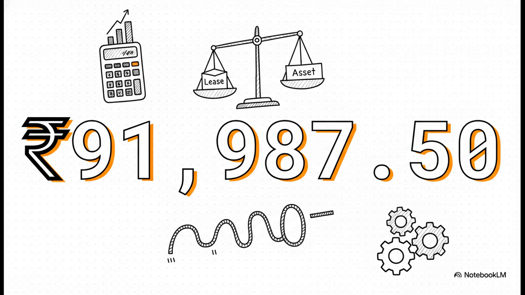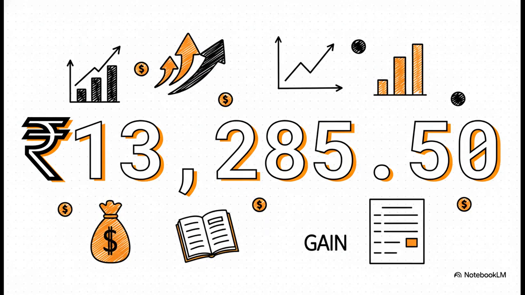And that number comes out a little bit lower, just under 92,000 rupees. And there you have it. That difference, 13,285.5 rupees, is recognized instantly as a gain on your P&L. That is a direct, tangible financial impact that comes from just changing your lease terms.